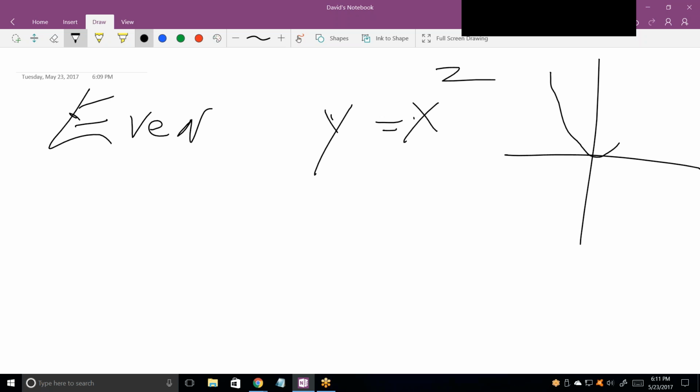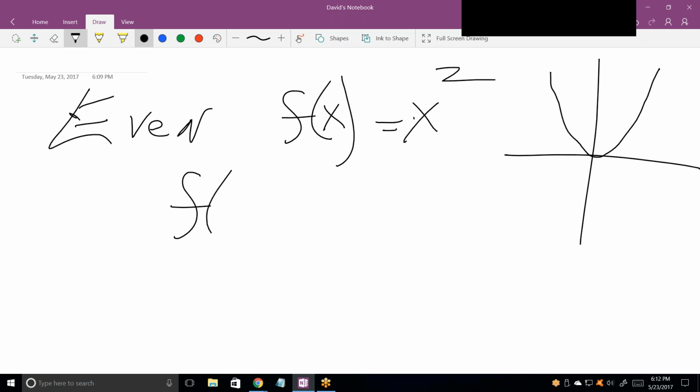Notice also that it's symmetrical about the y-axis. Here, let me write it properly. Instead of y, it's much better to use f of x notation. And here's why. All even functions satisfy this property.